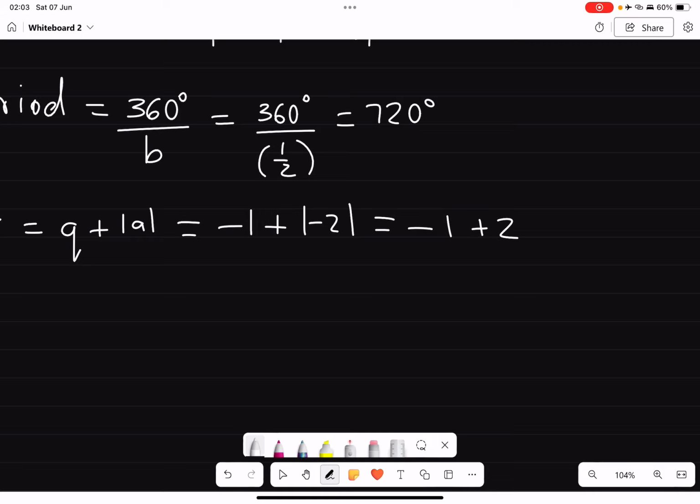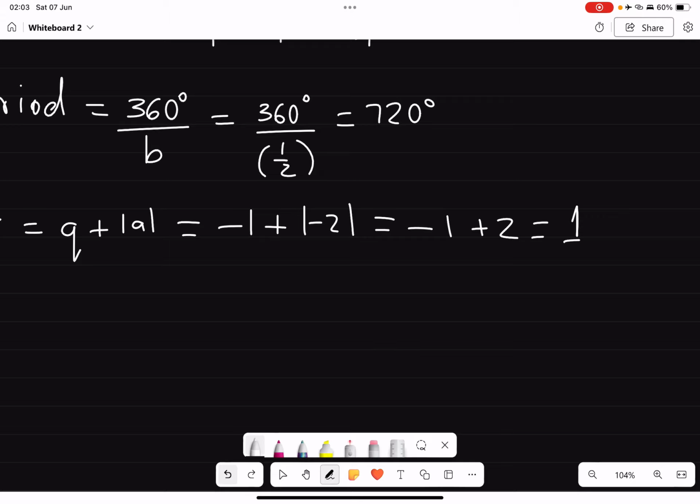Remember, the absolute value, even if we have a negative, outputs a positive. It's just the distance from 0, or from the origin, to a certain x value. And then this will give you 1. So the maximum value is 1.